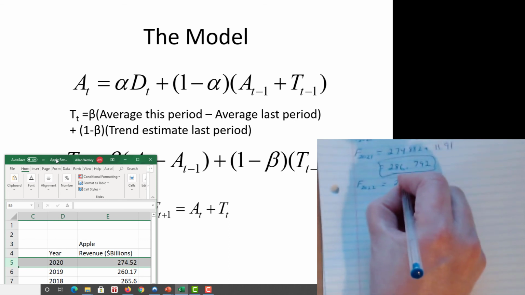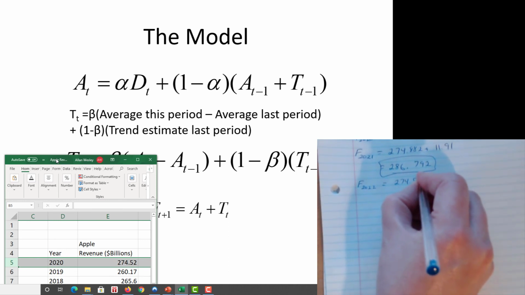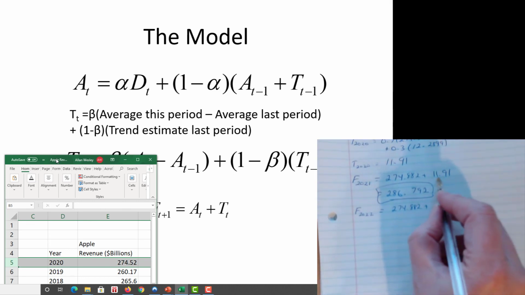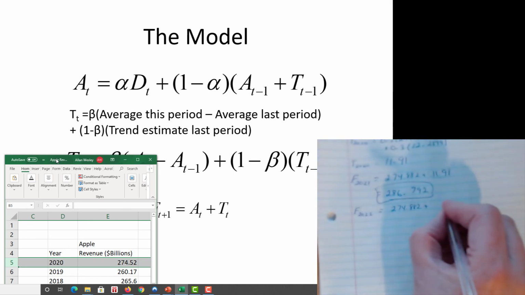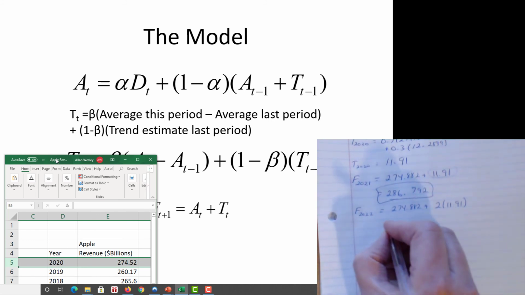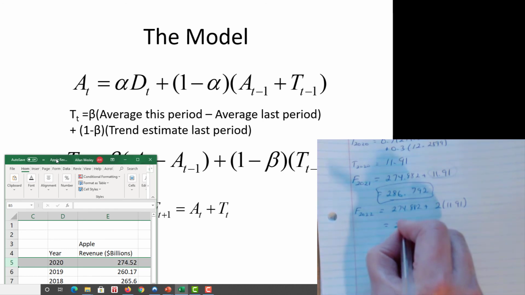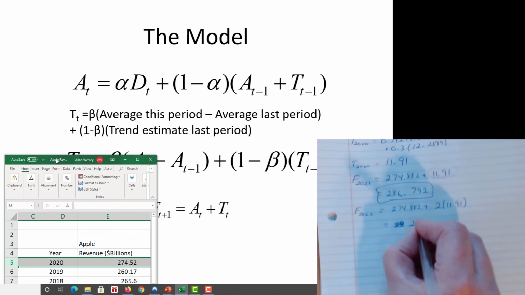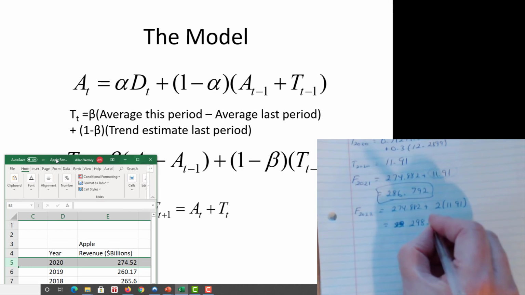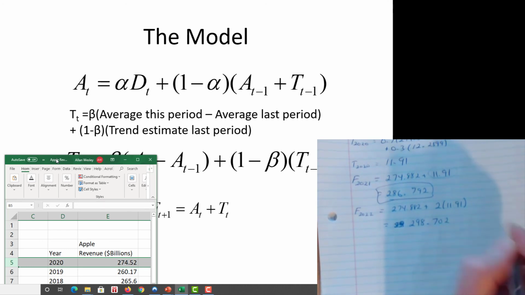We just take the 274.882 average, plus, because when we went 1 year into the future we multiplied the trend by 1, if we go 2 years into the future, we multiply that trend by 2. And now we get our fearless forecast for 2022 of 298.702.